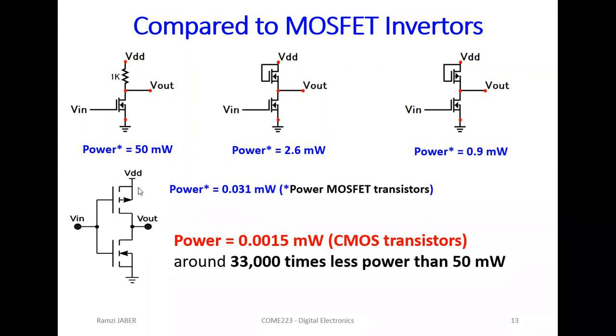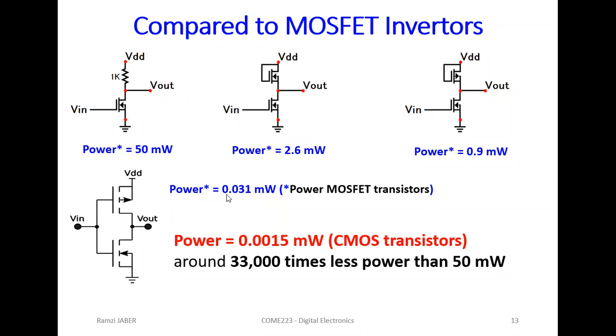Now we use here the power MOSFET transistor. In this technology, if we put PMOSFET at the top and NMOSFET at the bottom, the input will enter both of them, and the output from the middle.